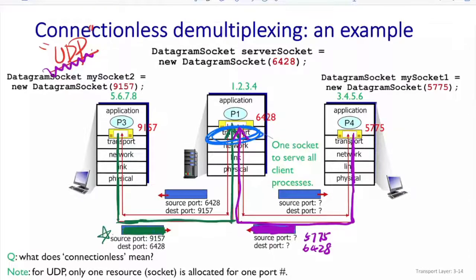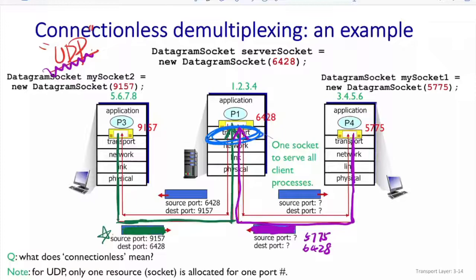So the transport layer, the blue programs in the transport layer, they will deliver these 2 packets, although they are from different sources, to exactly the same socket, which is 6428. And this socket is owned by process number 1.